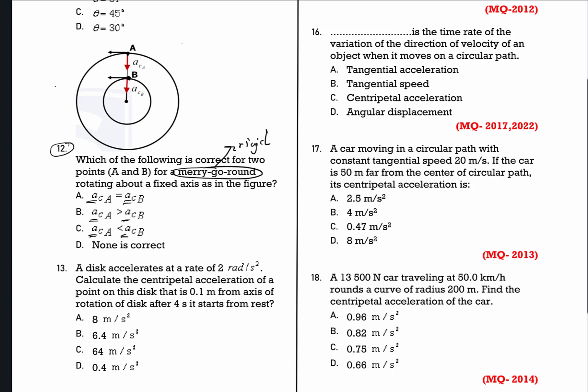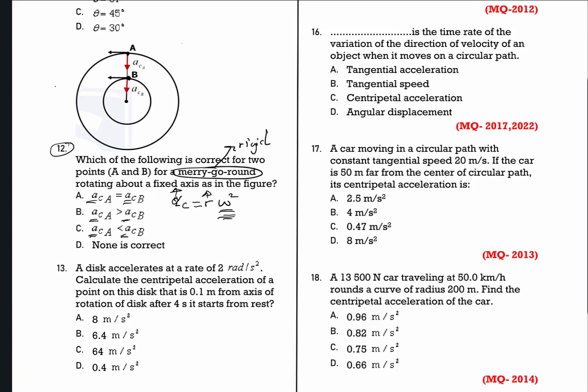So let's remember the centripetal acceleration equation including the angular speed: AC is equal to R times omega squared. Because points A and B both have the same angular speed, AC will be directly proportional to the radius.